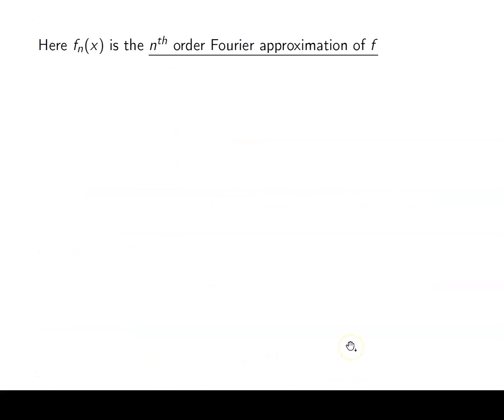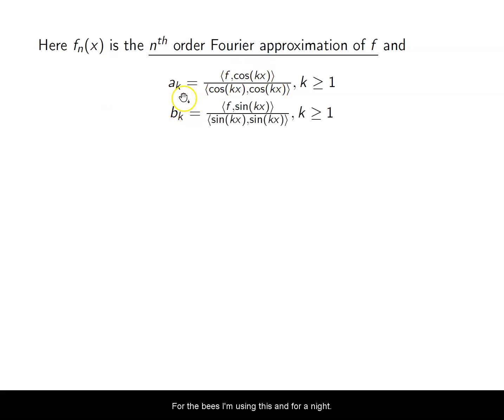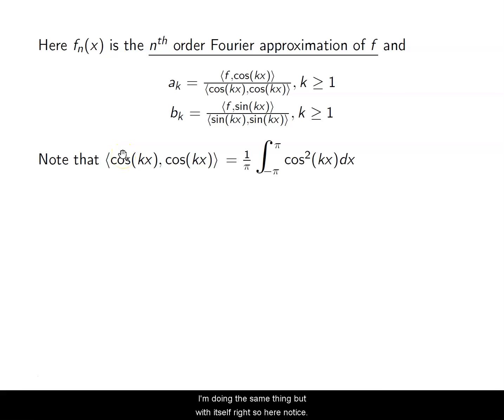So for each a sub k that I'm trying to find, I'm using this for the coefficient. For the b's, I'm using this, and for a naught, I'm doing the same thing but with itself, right? So here, notice that the denominator is 1 over pi, integral from negative pi to pi of cosine squared, because it's going to be cosine times cosine.